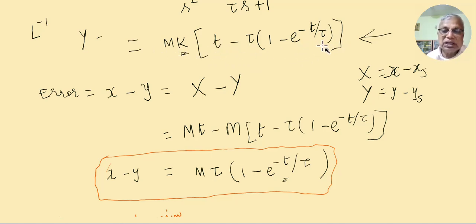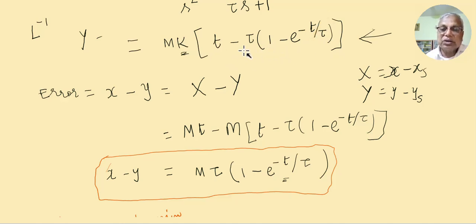So this will be a straight line after some time, when for large values of t, this term becomes 0. The effect of this term will be nil for large values of t. So you will be having only this t minus tau.